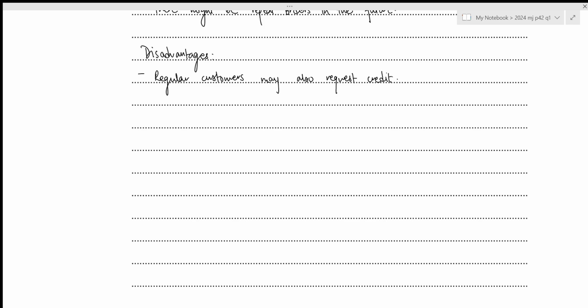Then, since we are considering producing additional 900 units, we also need to consider the capacity in the factory. There might not be enough capacity there. Let's write it down. There might not be enough capacity in the factory.